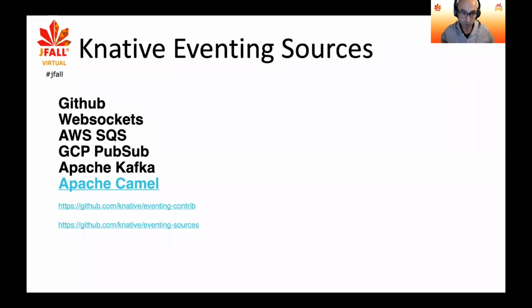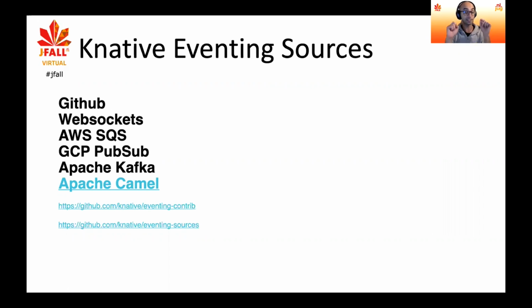And some of the Knative eventing sources, so where you can consume all these events, are GitHub, WebSockets, AWS SQS, GCP PubSub, Apache Kafka, Apache Camel, and also there are these links where you can find more implementations.